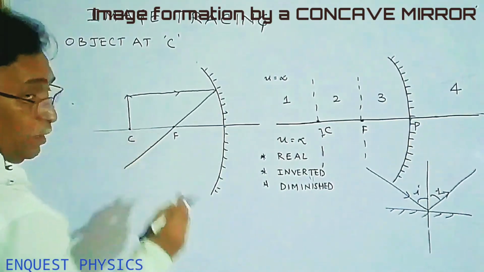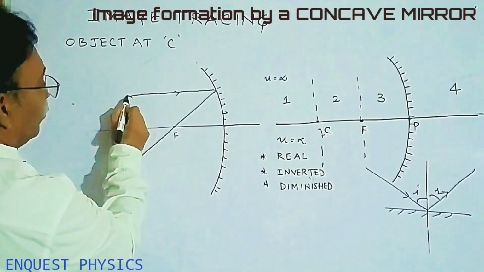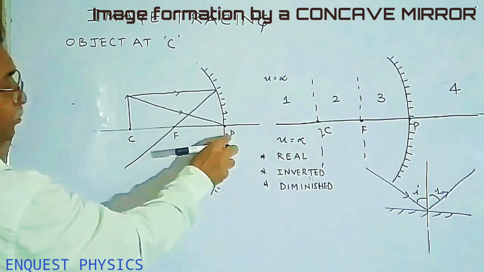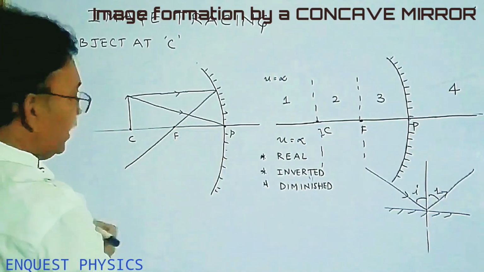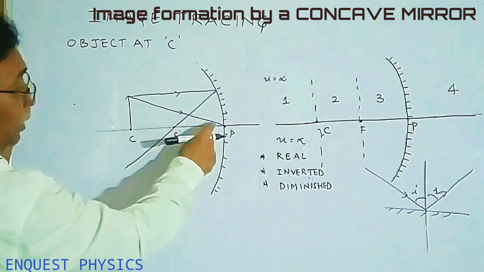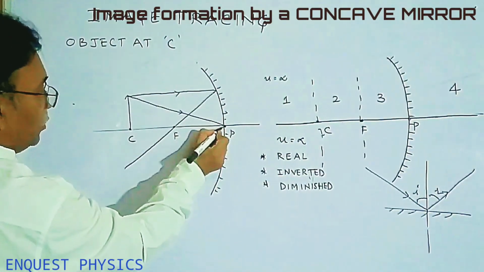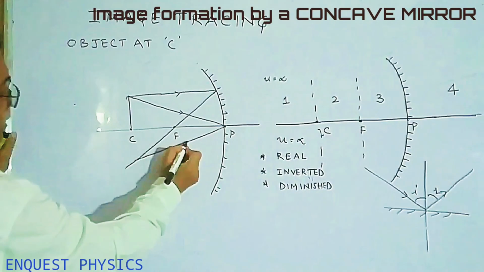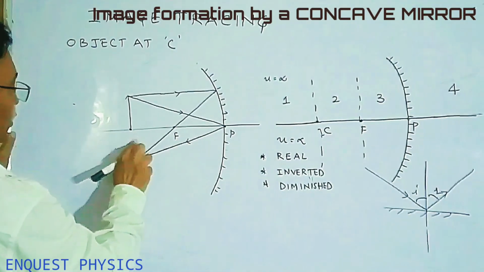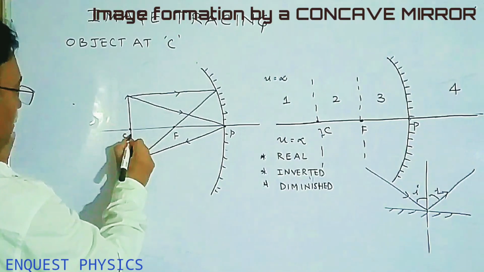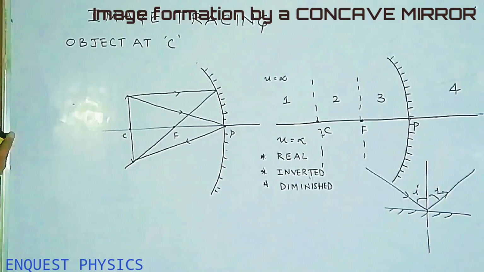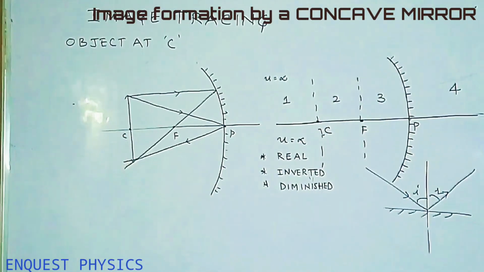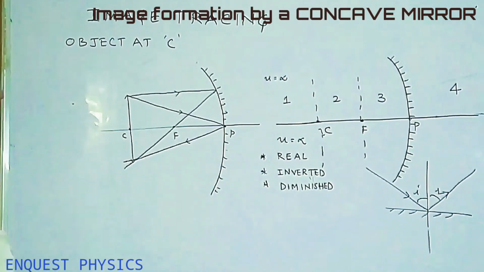Then we have to take one more ray which strikes the pole and reflects back at the same angle. As you know, the angle of incidence and the angle of reflection should be equal. If I extend these rays, they meet at a particular point, and if you connect them, the image is exactly at the same position where we kept the object. That's why I said it's a classic case.